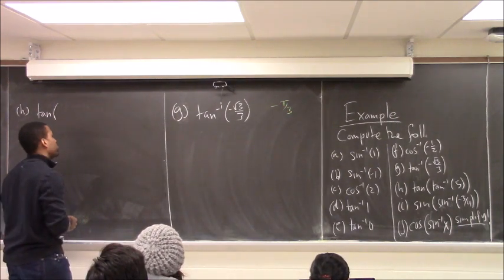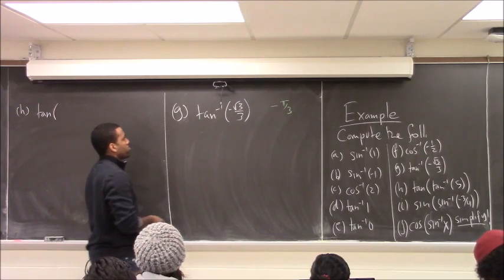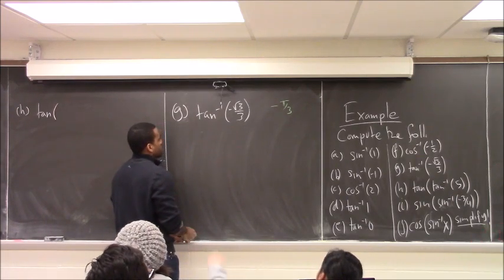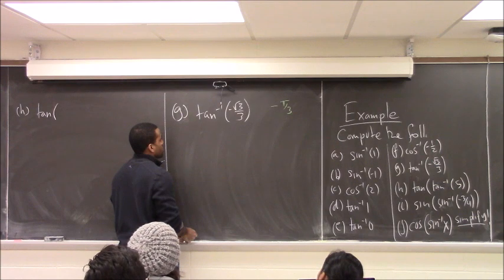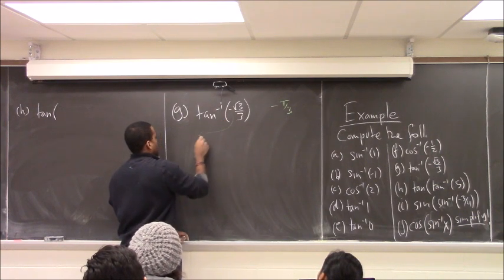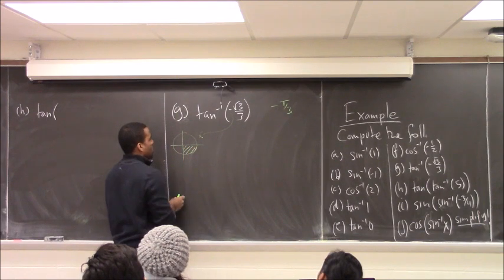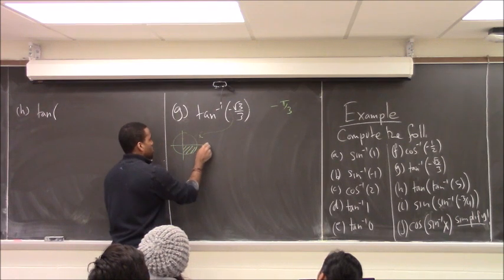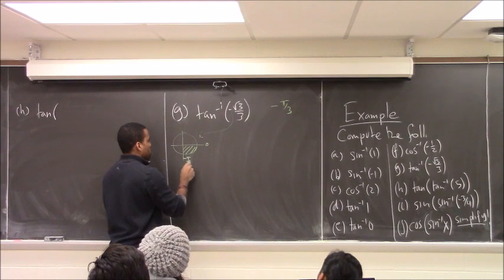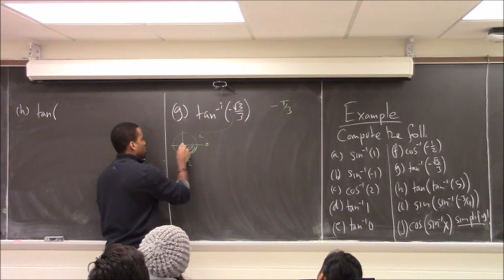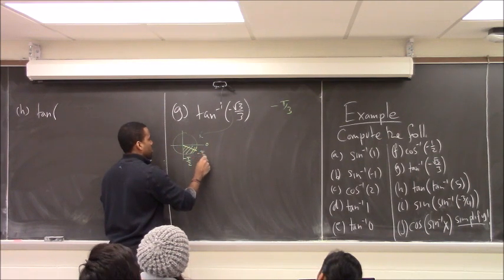Okay, explain. Well, because first tangent needs to be in the fourth quadrant. Right, it's negative, which means I should be in the fourth quadrant, which means the answer needs to be somewhere between 0 and minus pi over 2. How did you come up with minus pi over 3?